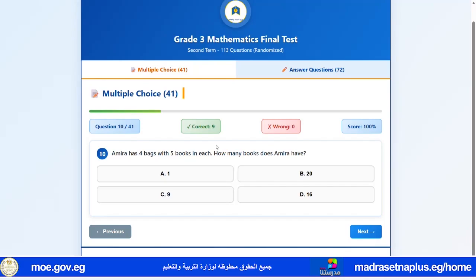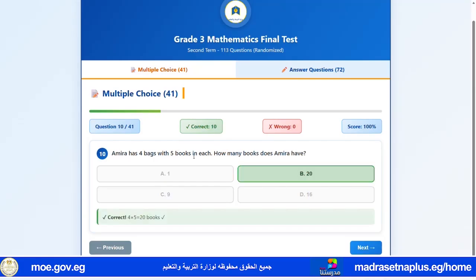In each one, 5 bucks. That means we have 5 and 5 and 5 and 5. That means we have 4 5s. It's multiplication. That means 4 times 5, it will be 20. You should know the idea of any problem to get the suitable process: times, divide, add, or even subtract.